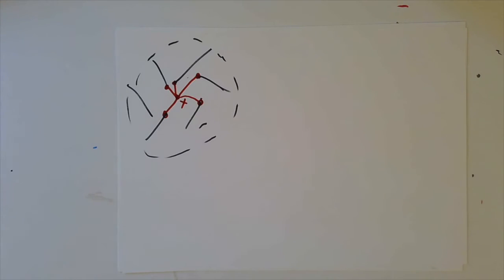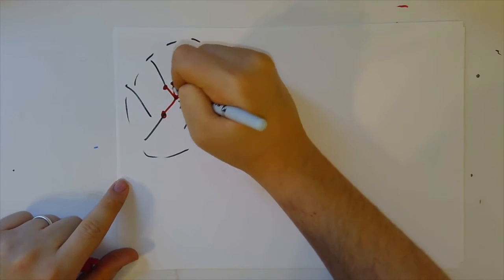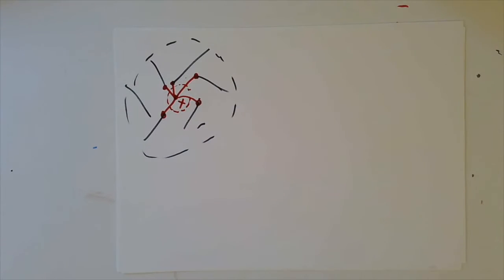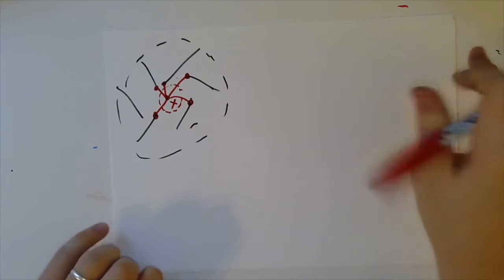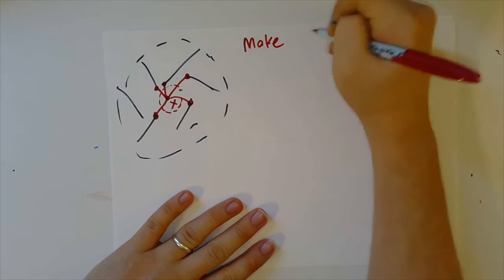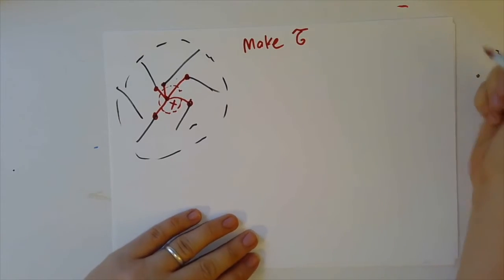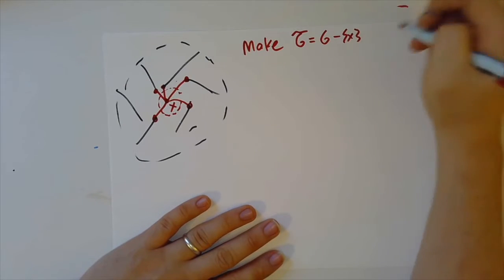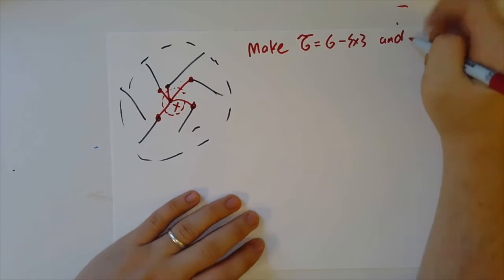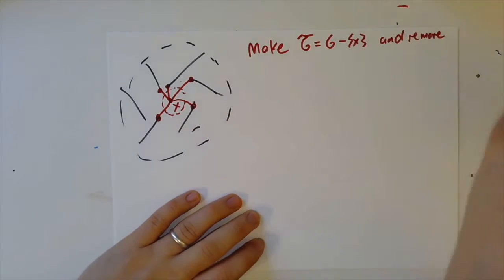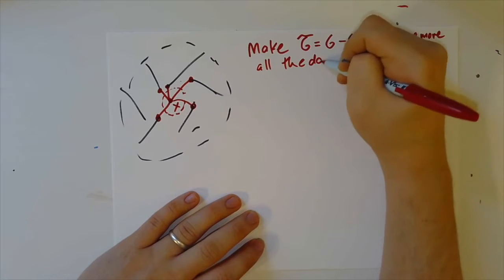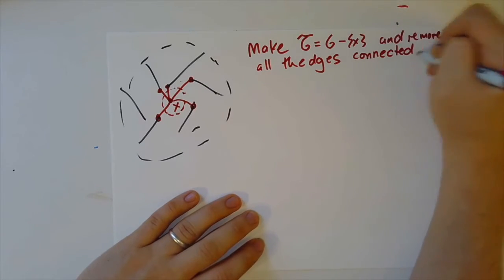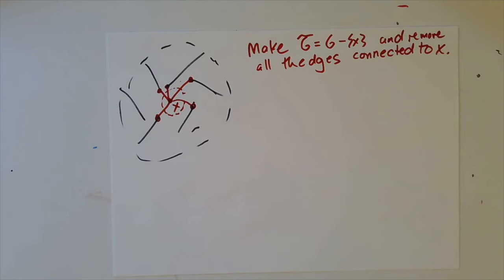So I'm going to remove all of this from G. Okay, so I'm going to make the graph G hat, where I take G and I remove the vertex X and remove all the related edges, that is, all the edges connected to X. Okay.